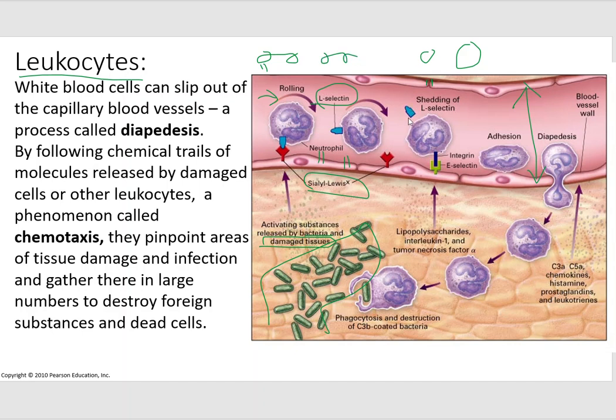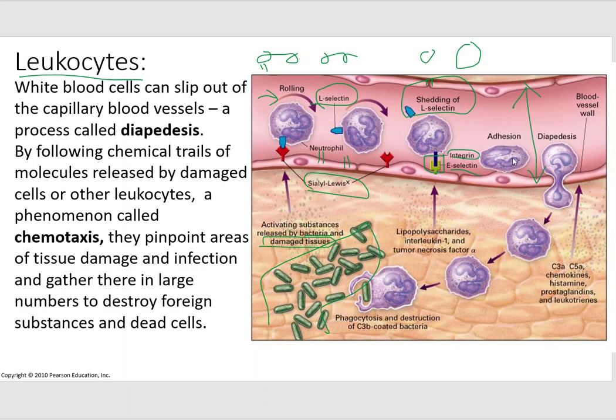When they come to a stop, they get rid of their L-selectins, and there is another receptor on the endothelium called an E-selectin, and there's also another molecule on the outside of these guys called an integrin. They're going to bind to these.